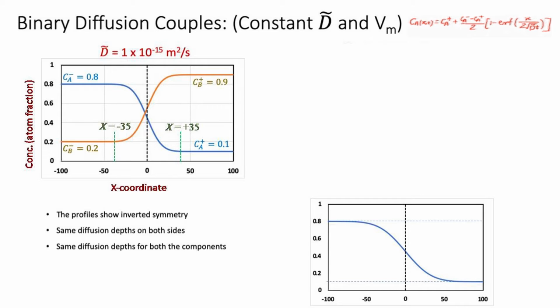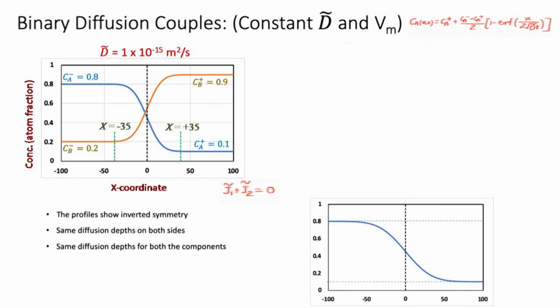The reason for this is, we know that we have n minus 1 independent fluxes in an n component system, if we consider the volume fixed frame of reference. This interdiffusion coefficient d tilde is in the volume fixed frame of reference, and so we have only one independent flux in a binary system, right, which means for constant molar volume, the summation of J1 tilde and J2 tilde is 0.